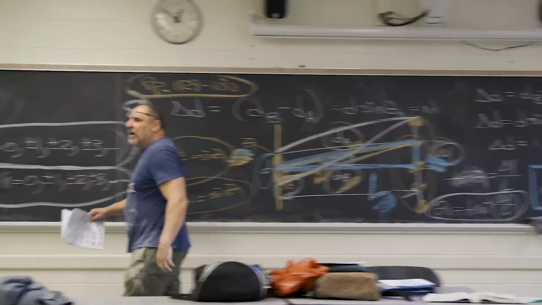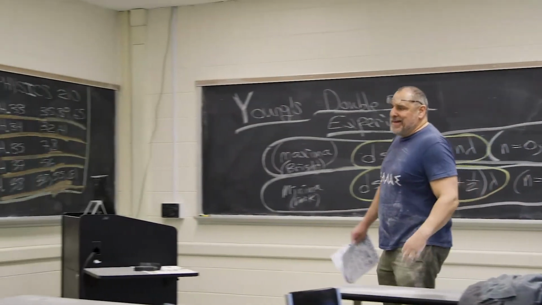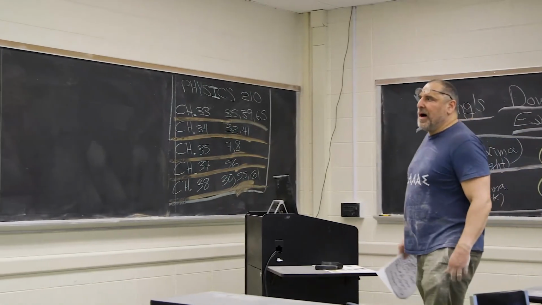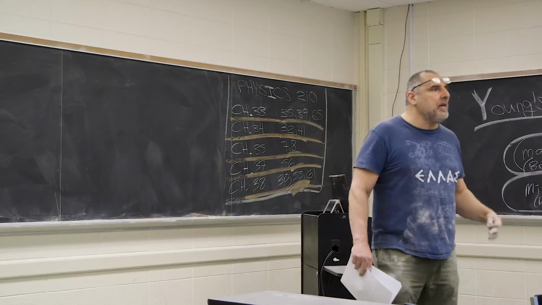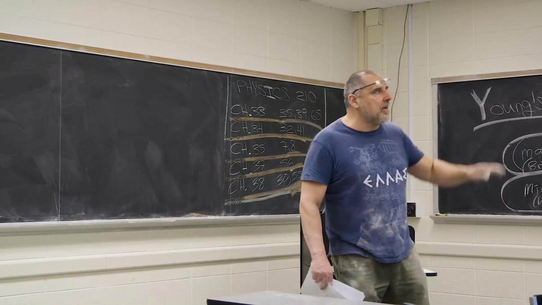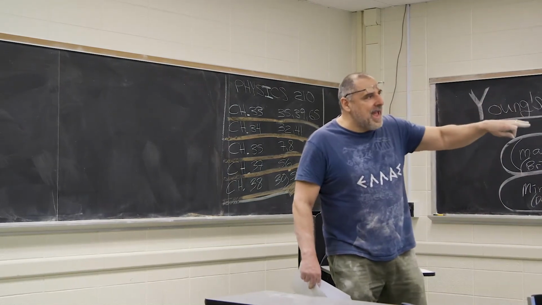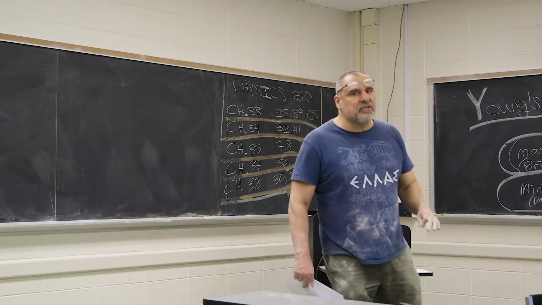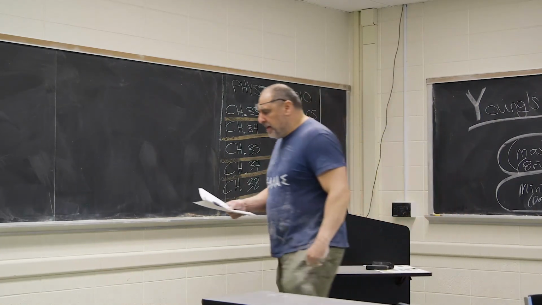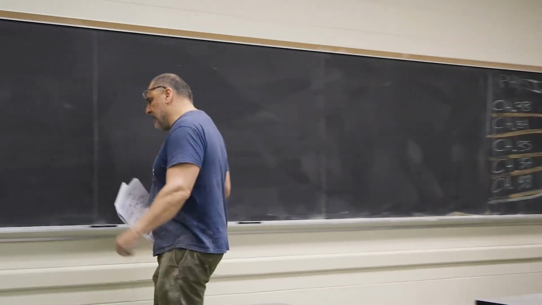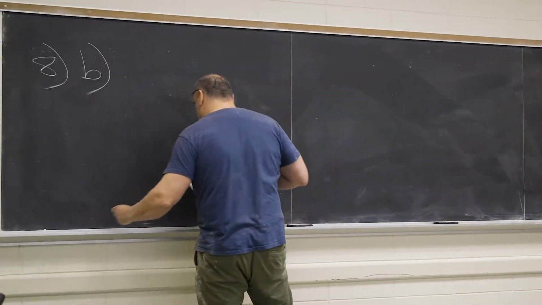Only here, the bright fringe is not going to be after a path difference of 1 lambda. Instead of a path difference of 1 lambda, which is what we did for 8A, we're getting a path difference of 2 lambda for the next bright fringe. So if that's the case, play the math as we have to play it.